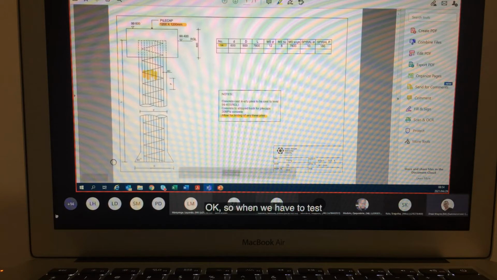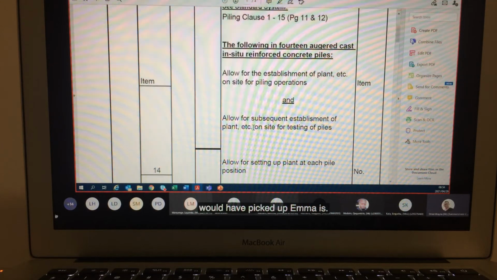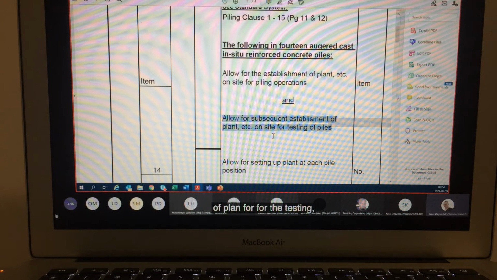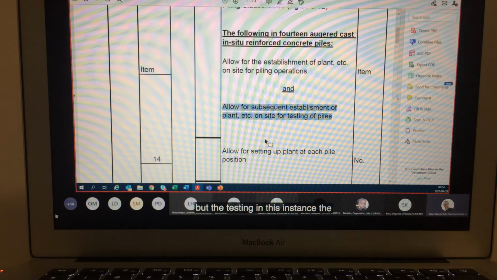Okay, so when we have to test all the piles, we can then. So what I've picked up here now is a flaw, in the sense that it says allow for establishment of plant for the testing. But the testing in this instance, the drawing tells me how many should we test? 3. Only 3.